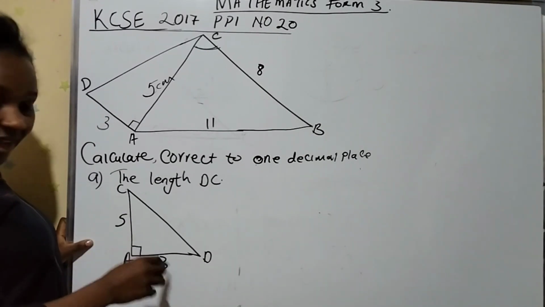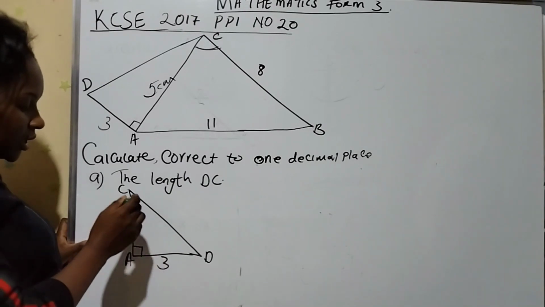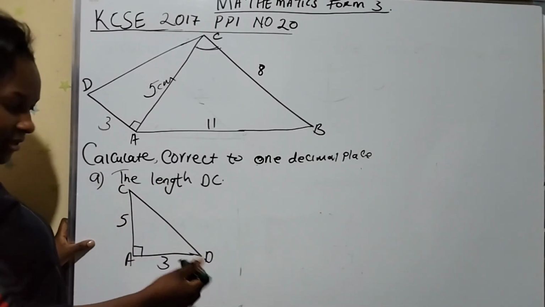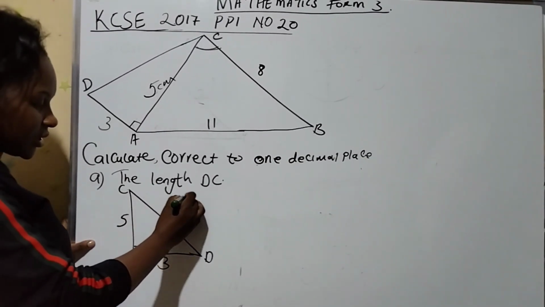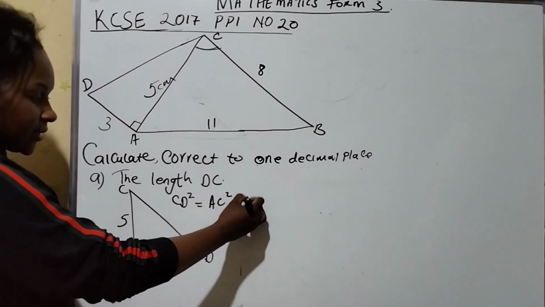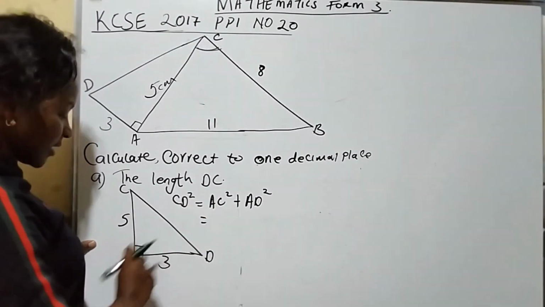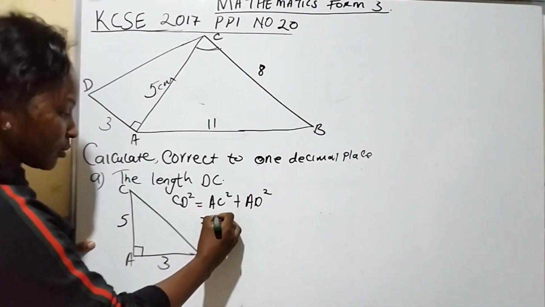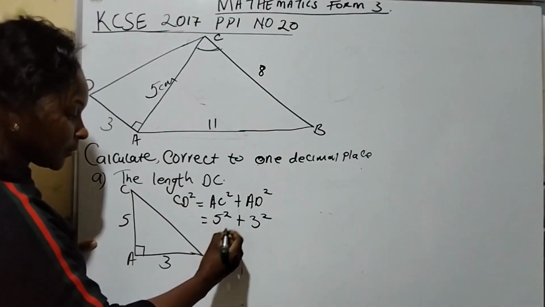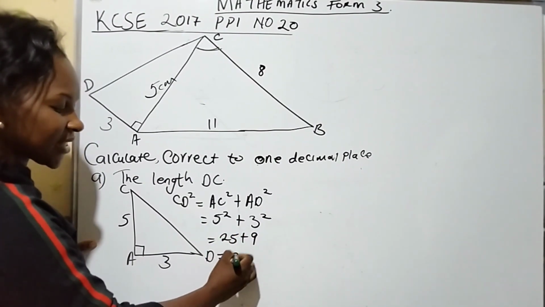Being a right-angled triangle, we can use the Pythagoras theorem to get the hypotenuse, or the longest side. So we can say that CD squared is equal to AC squared plus AD squared. So we have 5 squared plus 3 squared, which gives us 25 plus 9, giving us 34.